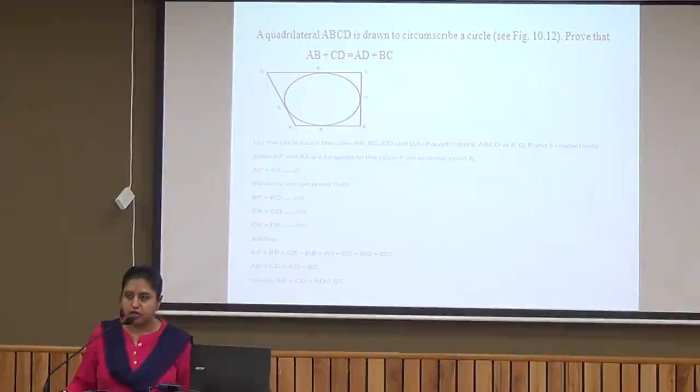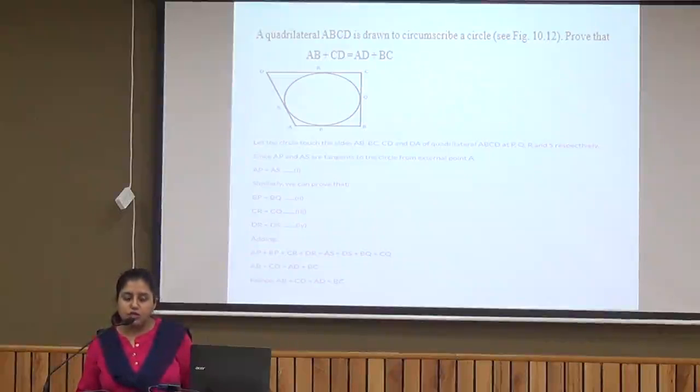Now we can see from point A, the length of the tangent AP is equal to AS. Similarly, from the point B, the lengths of the tangents are equal, that is BP is equal to BQ. From point C, the two tangents CR and CQ are equal. From point D, the tangents DR is equal to DS.